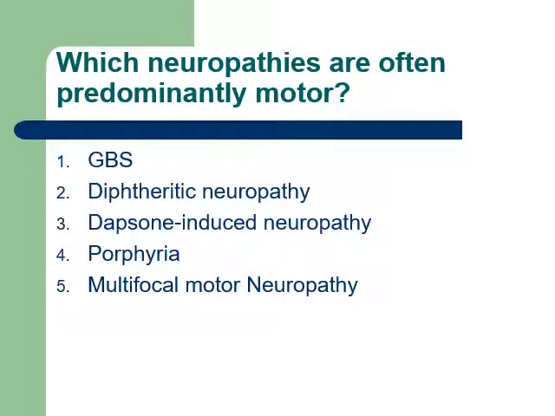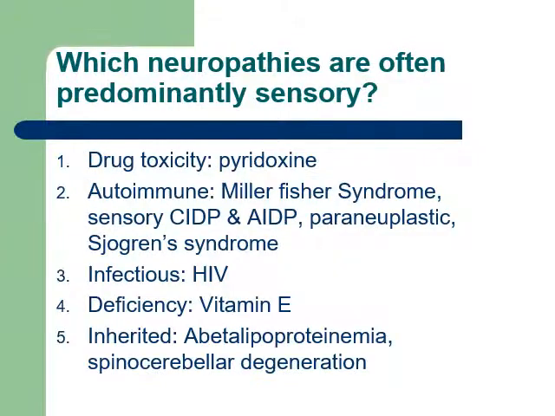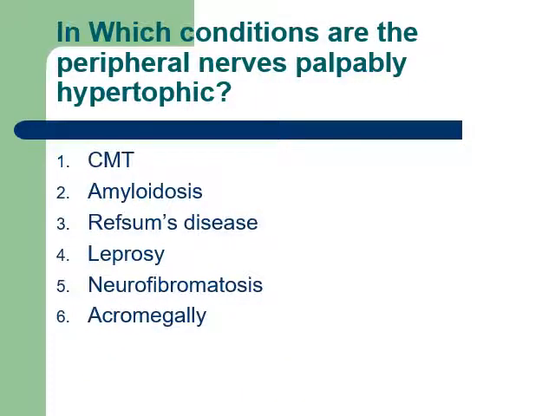These are neuropathies that are more predominantly motor, like acute Guillain-Barré, diphtheria, porphyria, multifocal motor neuropathies. These are predominantly sensory, like pyridoxine, also diabetes. These neuropathies are associated with bulbous hypertrophic nerves, secondary to remyelination.